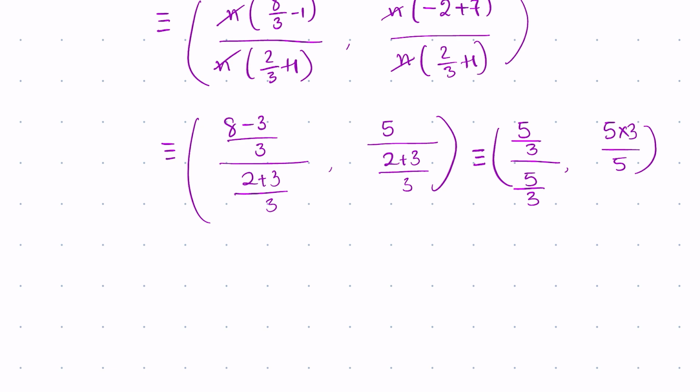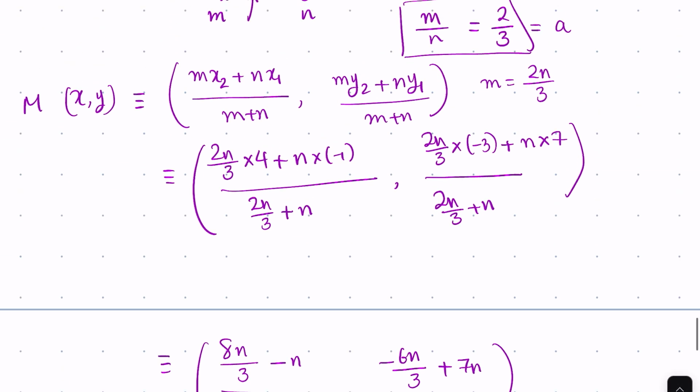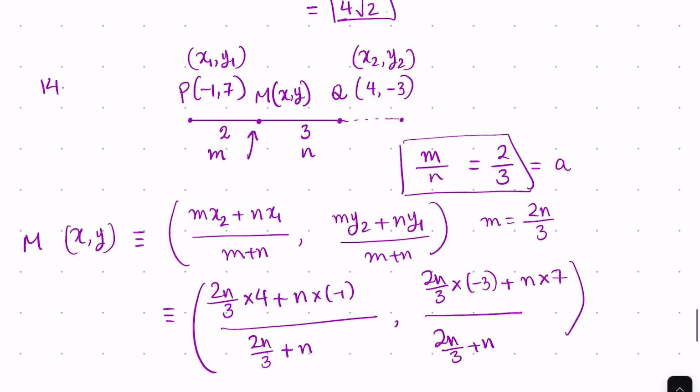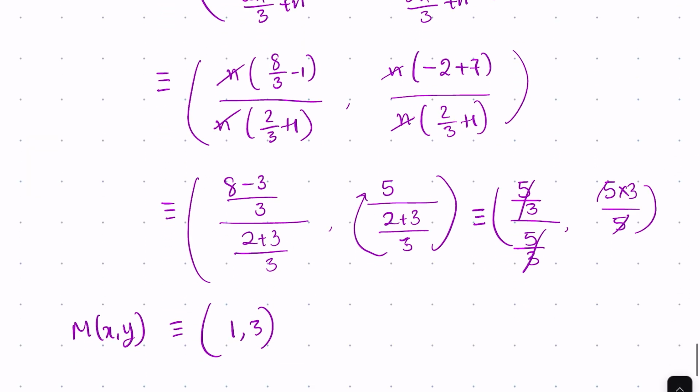So this 3 goes to the numerator, and I've just done the simplification, so the coordinate becomes 1 comma 3. That's our x comma y. So that's the required coordinate, and that's our answer. So this point we figured out is just 1 comma 3.